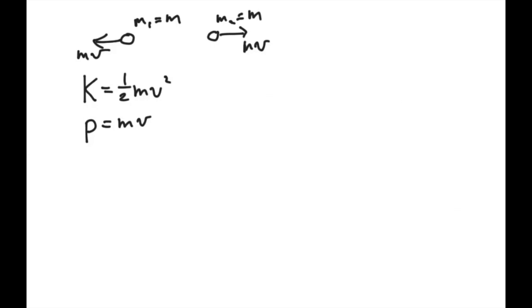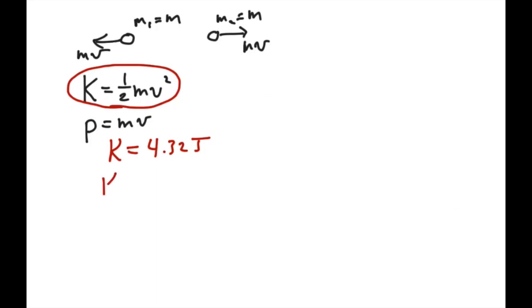And if they have the same mass and the same magnitude of velocity, then these two particles will end up with the same magnitude of kinetic energy. So our total kinetic energy, which we had as 4.32 joules, will be shared between these two particles.